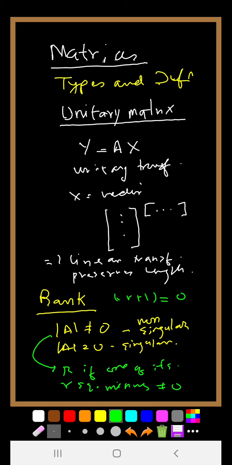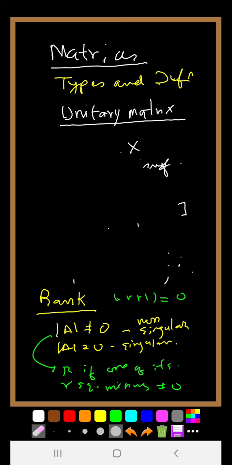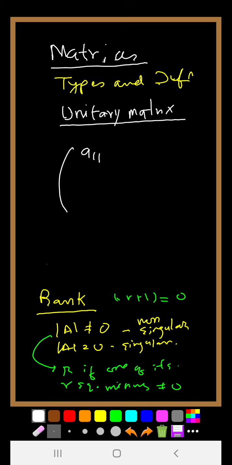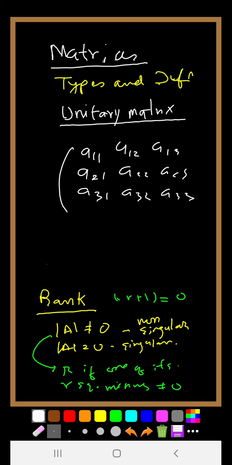So by minor, what do we mean by a minor? Suppose we have a matrix given as A11, A12, A13, A21, A22, A23, A31, A32, and A33.